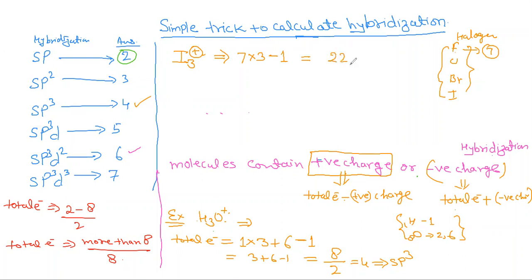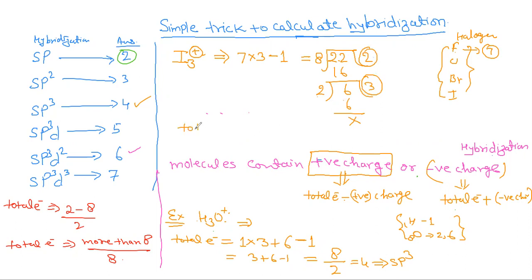Now this is not divisible by 8. Then what will you do? Divide by 8: 8 twos are 16. What is the remainder? The remainder is 6. Then again this remainder you should divide by 2: 2 threes are 6. So total sum, how much did it come to?